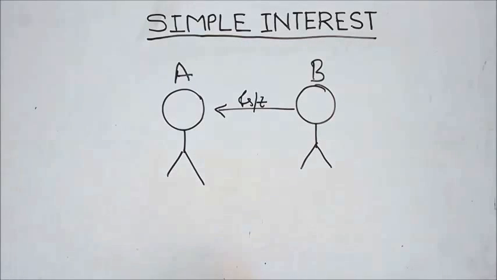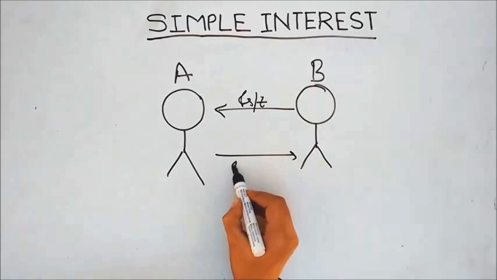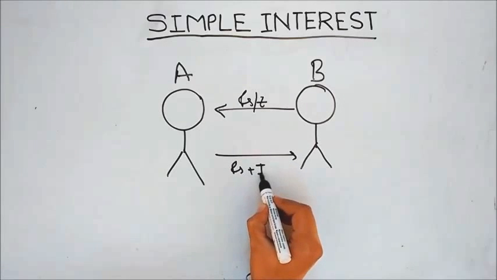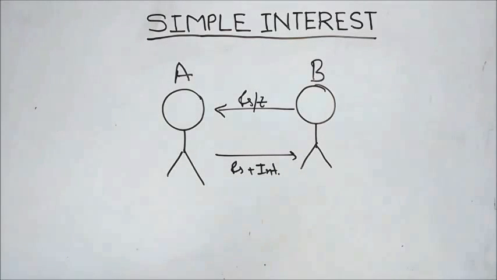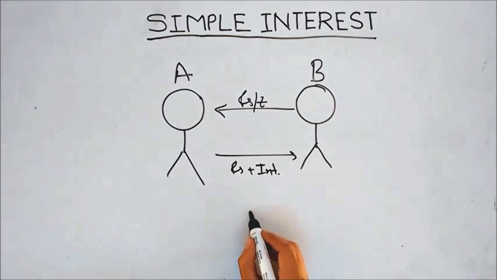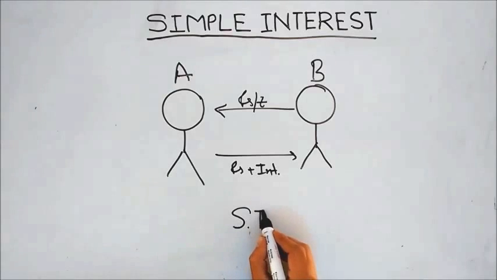This extra money is called interest. This interest is always the same for the period, so it is known as simple interest, SI.